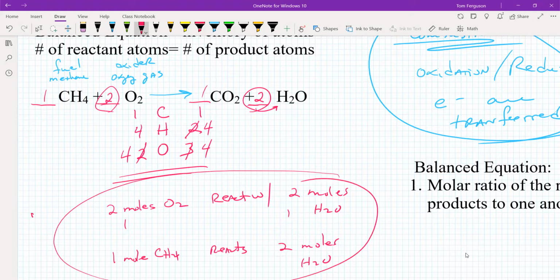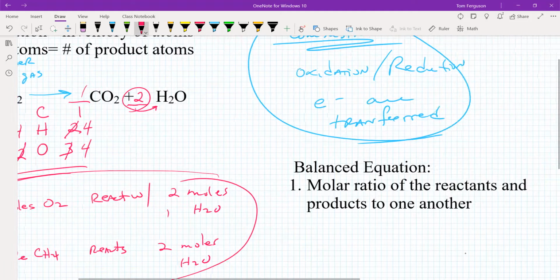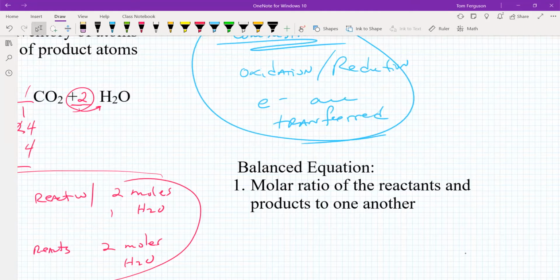These are going to be molar conversion factors in the form of a fraction when we get to do the stoichiometry problem. So that's one thing the balanced equation tells you.